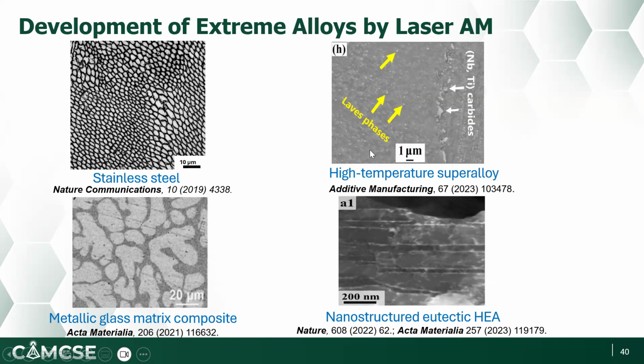We have also studied high temperature superalloys, where we can control the location-specific precipitates to achieve high temperature strength and high temperature creep properties. And we have also studied metallic glass matrix composite, where we can tailor the spatial distribution of the secondary crystal dendrite within the amorphous matrix so as to achieve high strength and high ductility.